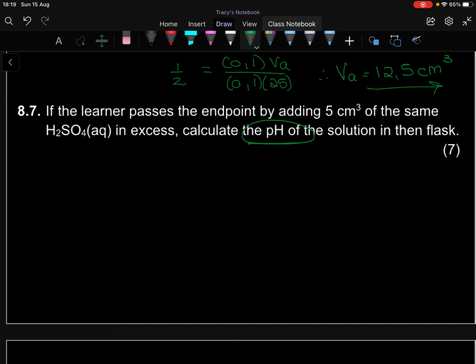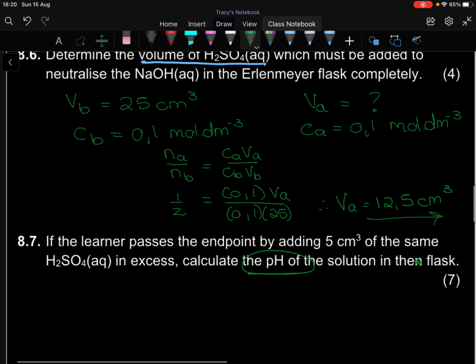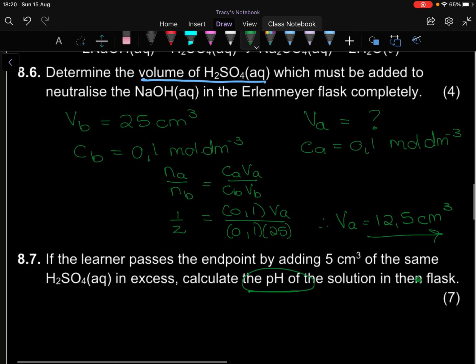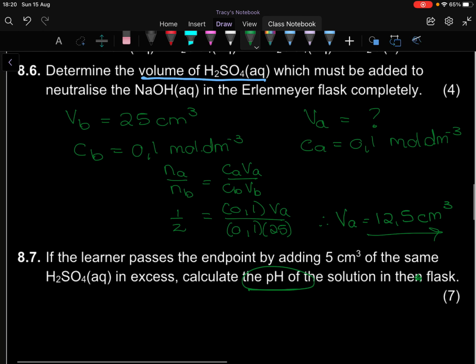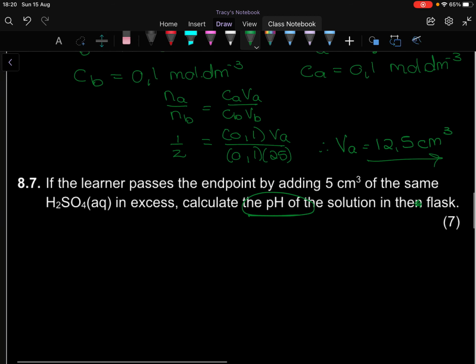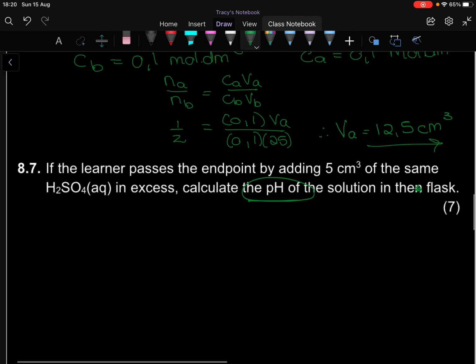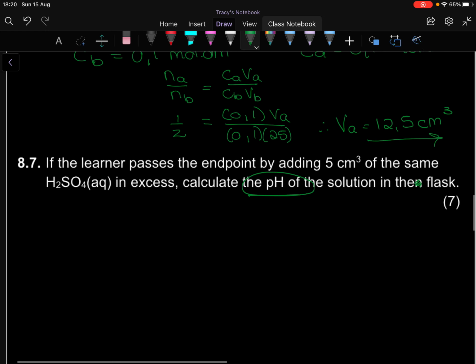Okay, it should say in the flask, not in the end flask. Now we've got to think carefully about this. Okay, so we add in an extra 5 centimeters cubed. I used 12.5 centimeters cubed. Okay, then I put in an extra 5.